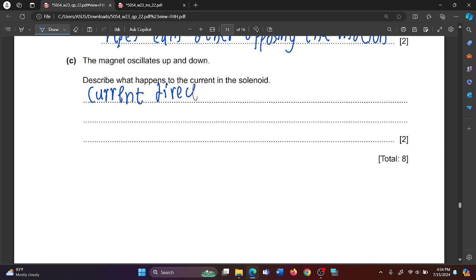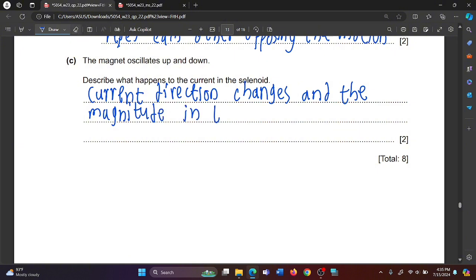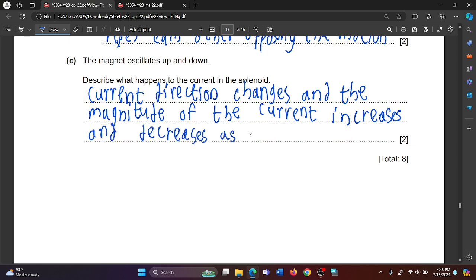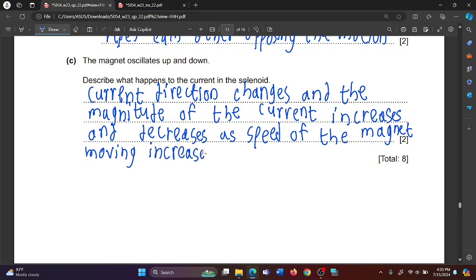Current direction changes, and the magnitude of the current increases and decreases as the speed of the magnet moving increases and decreases.